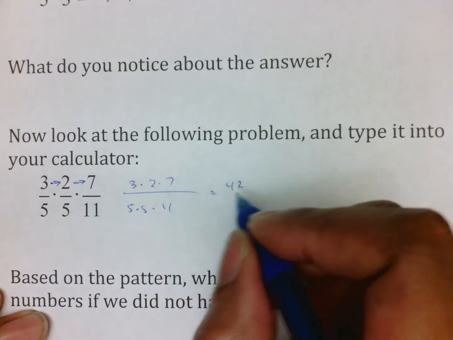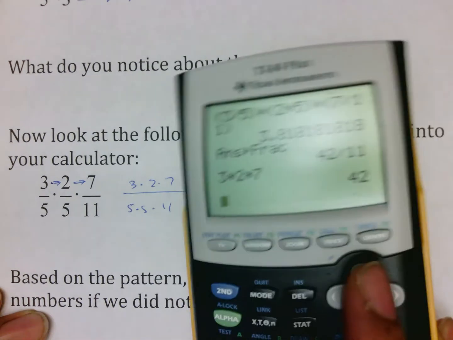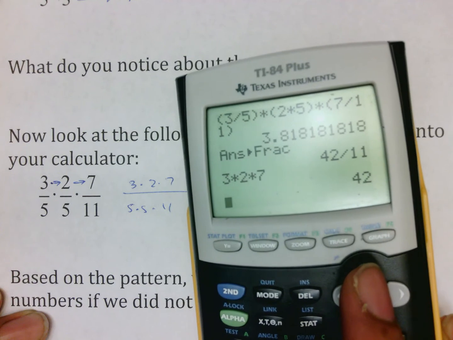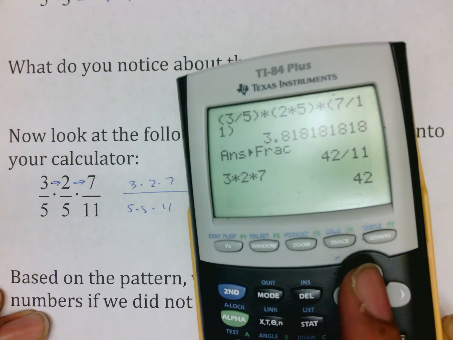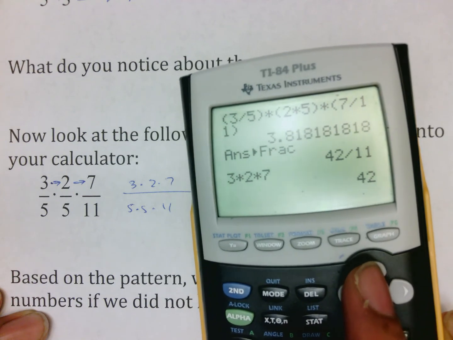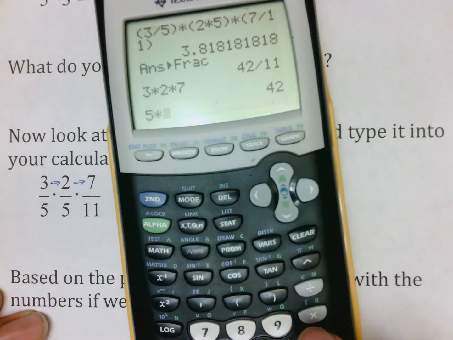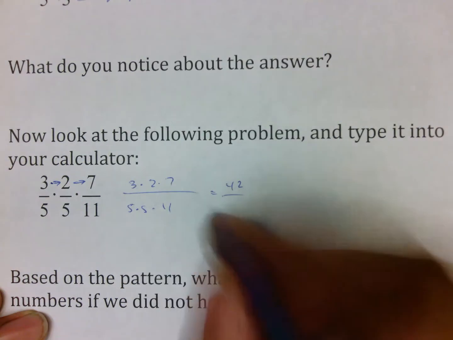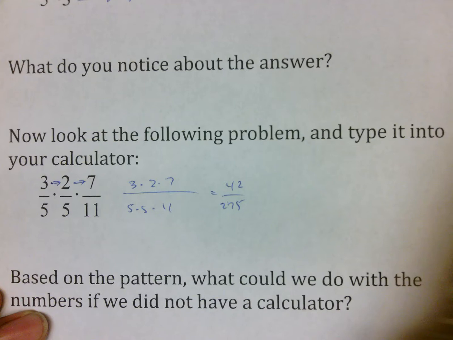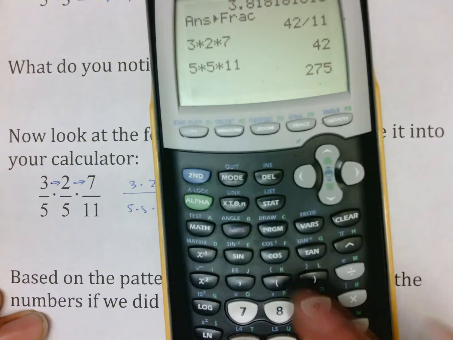Is that right? I'll type something wrong. 3/5 times 2/5 times 7/11. I guess I did. Anyway, when I put that over 5 times 11, something went wrong. I end up with 275, and I don't know how that ended up what it was, but let's see.